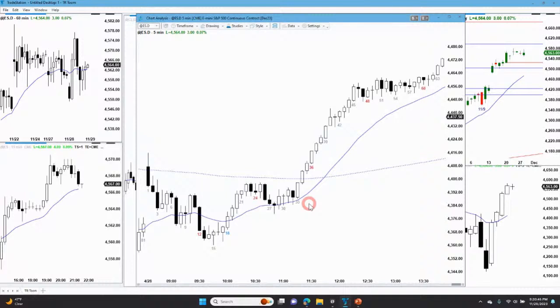Yeah, so it's easier to do leg count resets manually, as the human trader.